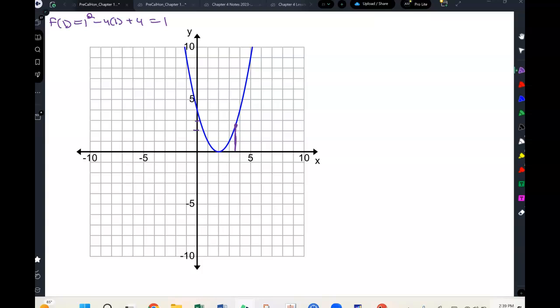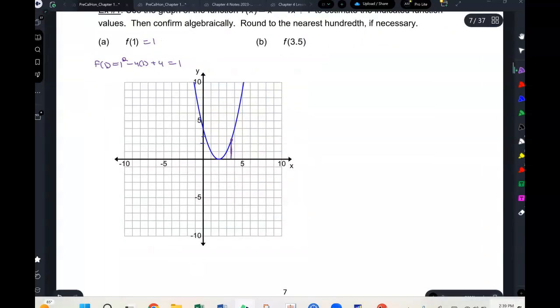If it's calibrated by ones like this, the most precise you can go is 0.5, because you really can't say if it's 2.1 or 2.7. You can't say 2 or 3 either. So really what I want you to estimate this as using the graph is 2.5. Now, obviously, algebraically, you can get the more precise answer.